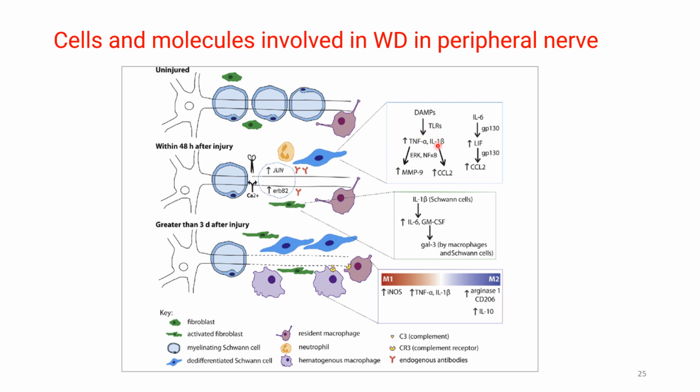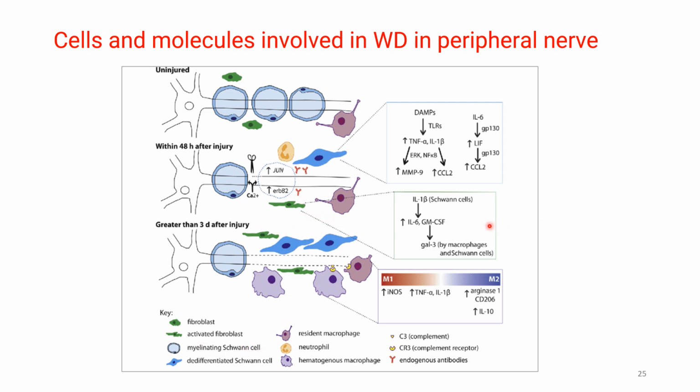Through toll-like receptors, it will increase the expression of interleukin 1 beta and TNF alpha, and they will cause an increase in the CCL2 and MMP9 proteins, and also cause interleukin 6 to be expressed, and it will also increase CCL2.